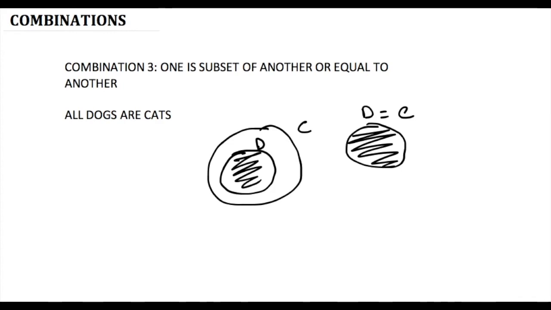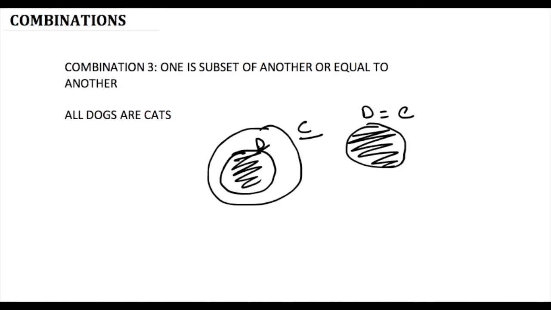In the second one, as you can see here, dogs are a subset of C, so all dogs are still cats, but all cats are not dogs in this Venn diagram. So the possibility of all cats as dogs is refused, but all dogs are still cats in this Venn diagram.